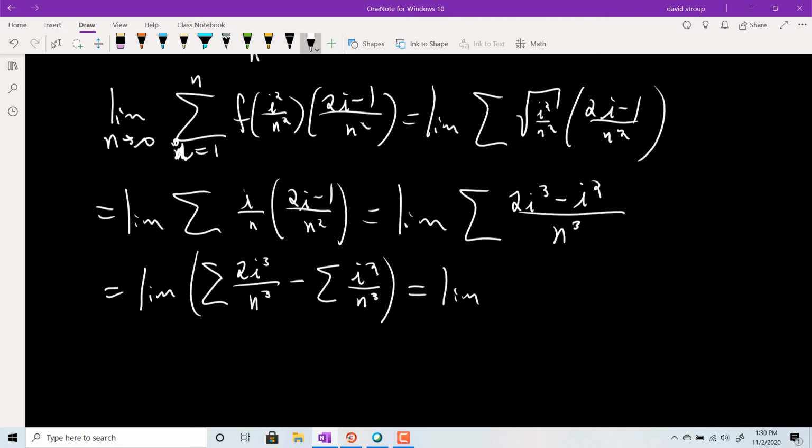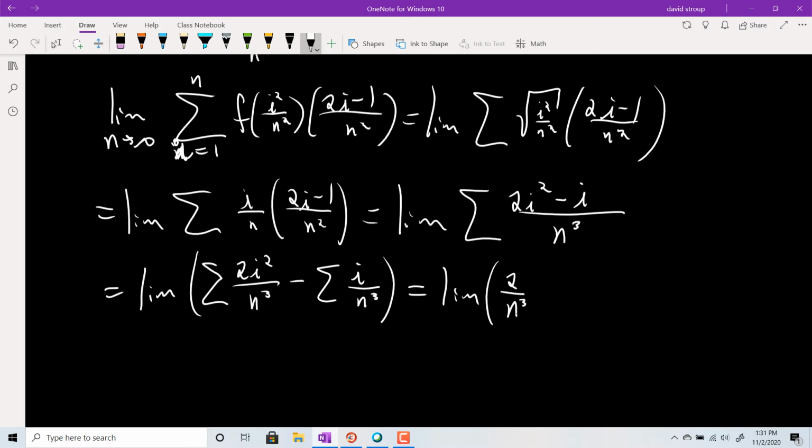So this would be 2i squared minus i, all over n cubed. So then this would be i squared, and then the other guy is just an i. Okay, so anyways, again, like I said, factor out the non-i material.